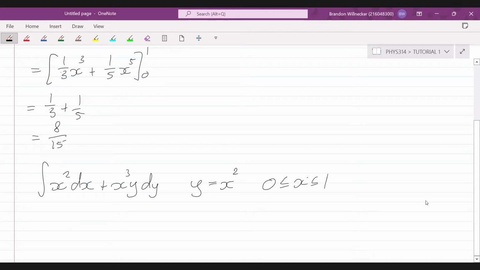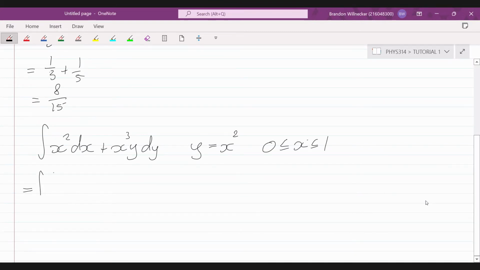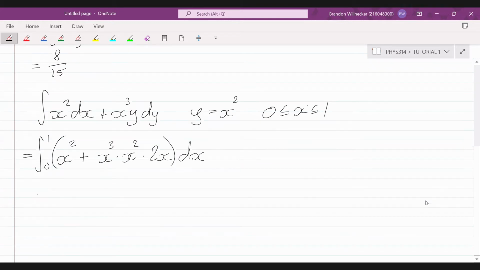Okay, so what do we get in this case? So this will be the integral from 0 to 1 of x squared plus x cubed times x squared, and then dy is going to give us 2x dx. Okay, so that will be the integral from 0 to 1 of x squared plus 2x to the 6 dx.